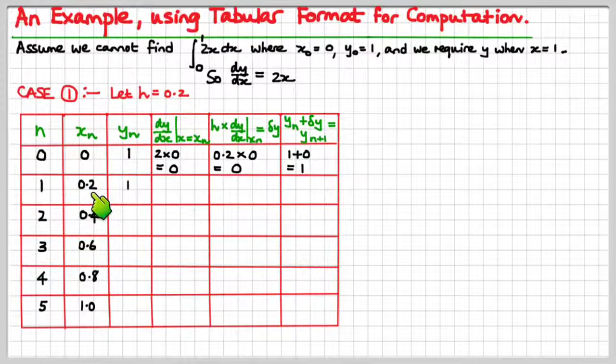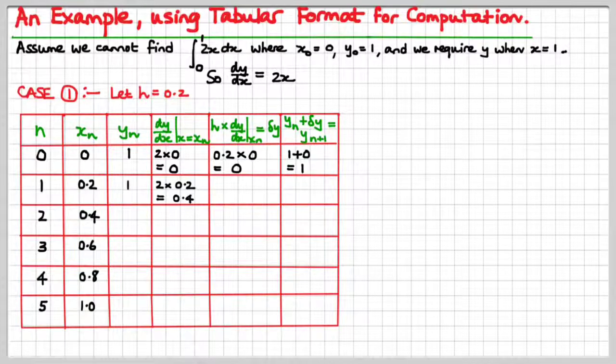Now, we've got x is 0.2 now, and y is estimated to be, not 0.1, 1, I mean, as a carryover from the previous exercise. Yes, now, let's do another iteration, guys. So dy dx when x is 0.2 is going to be 2 times 0.2, which is 0.4.